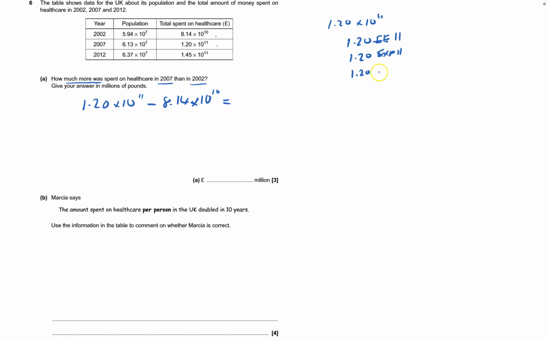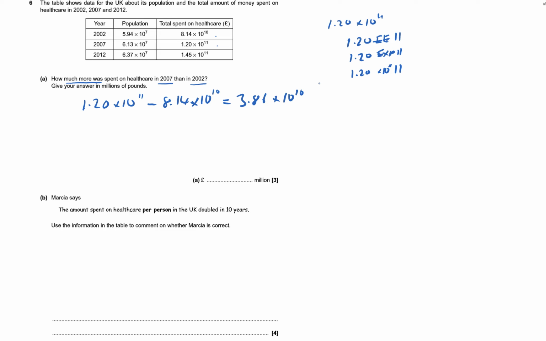Some have the 1.20 and there's a button normally towards the bottom, times 10 to the power of x or something, and then 11, or you can just type it in longhand. But the answer will give 3.86 times 10 to the power of 10.